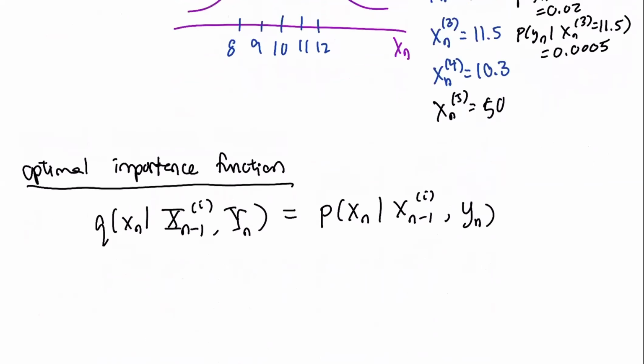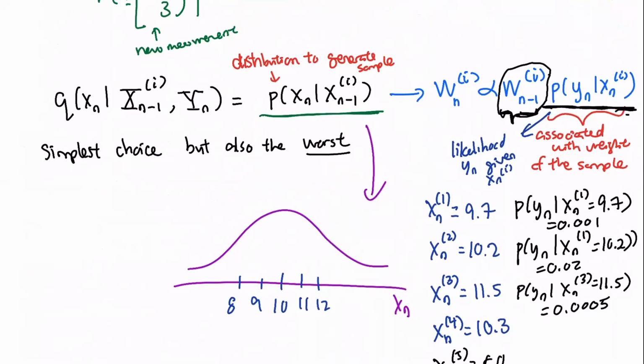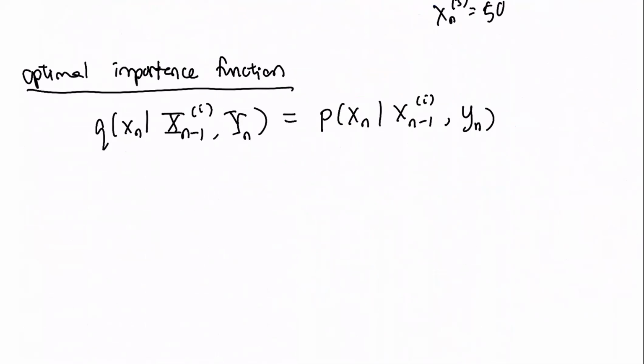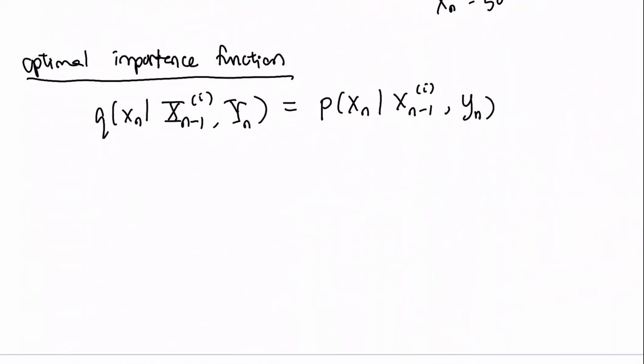But the downside of this is this update term becomes a little bit more complicated. So the general update term: if we ignore the normalization function, the weight update is the previous weight times this update function.